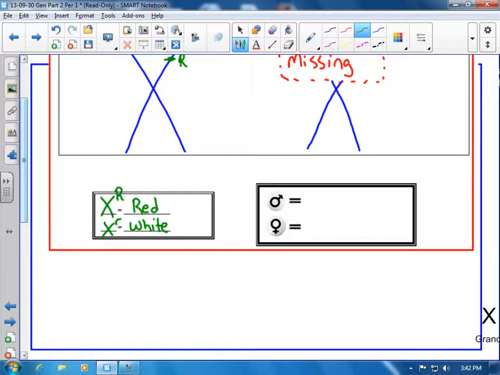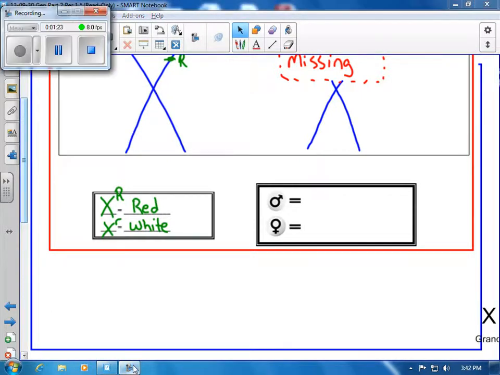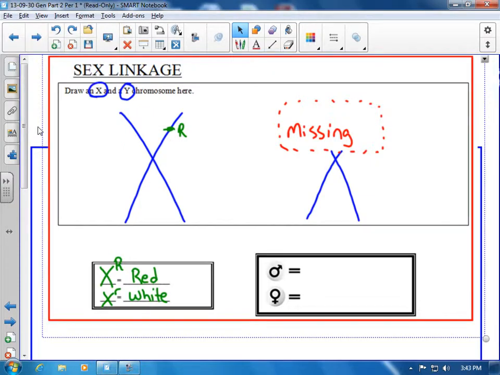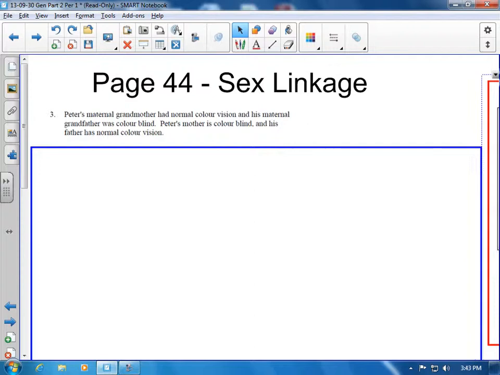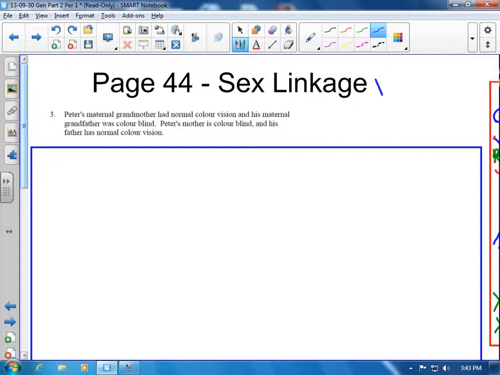So those R's are kind of like an exponent. So let's get rid of that and know that we're dealing with a legend that will have an X with a big letter and an X with a little letter. There's our legend.